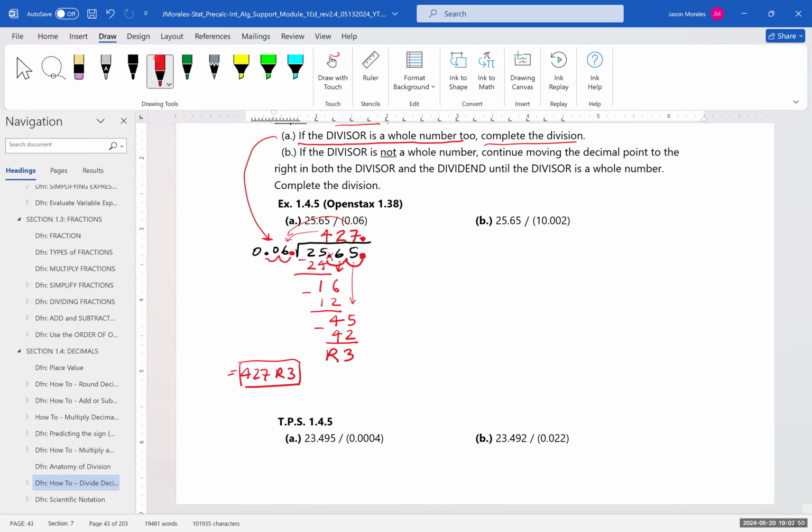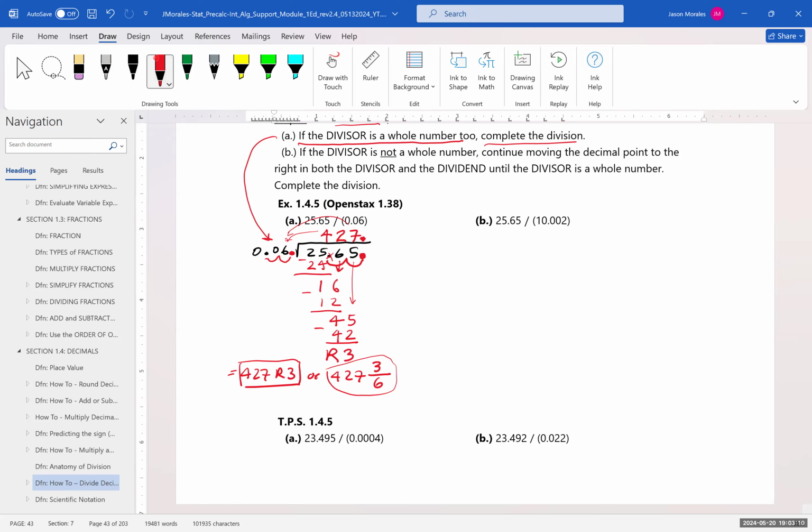So that's one way to write the quotient. Or we can write this as 427 and, as a mixed fraction, the remainder over the divisor. So the remainder over the divisor. So this would be like a mixed improper fraction.